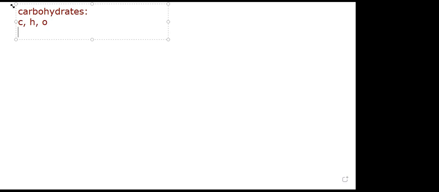Based on the number of carbon atoms we have classified them. The simplest one is called monosaccharides. Saccharides means sugars.